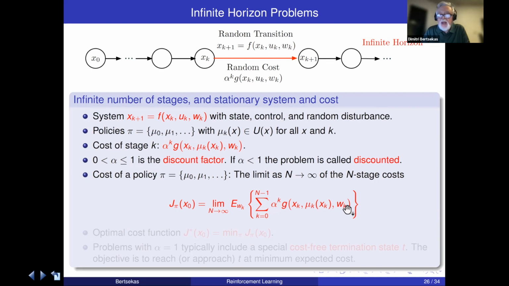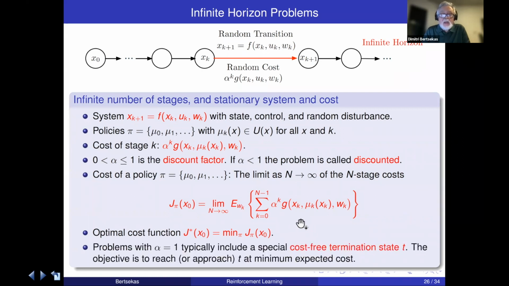Again, we take the expected value for a finite horizon, and then we let the horizon go to infinity, and this is what we call the infinite horizon cost of policy phi, corresponding to initial state x0. And the optimal cost function is obtained by minimizing over all policies.